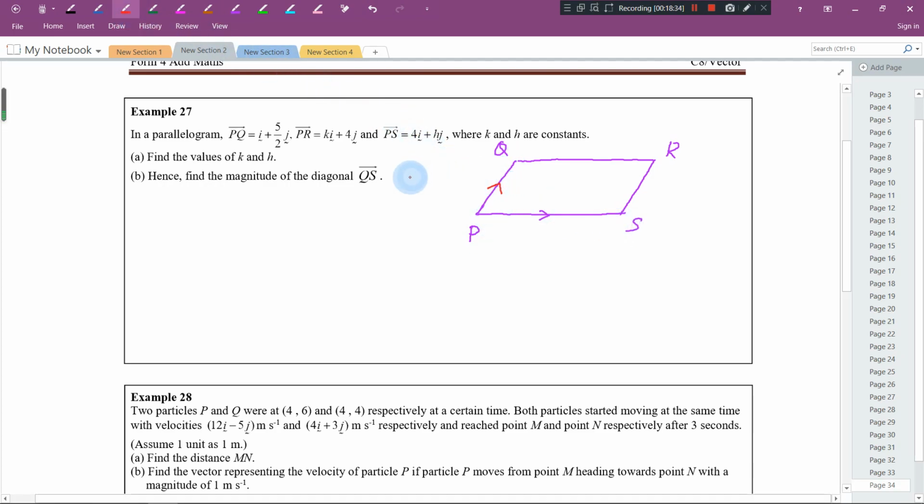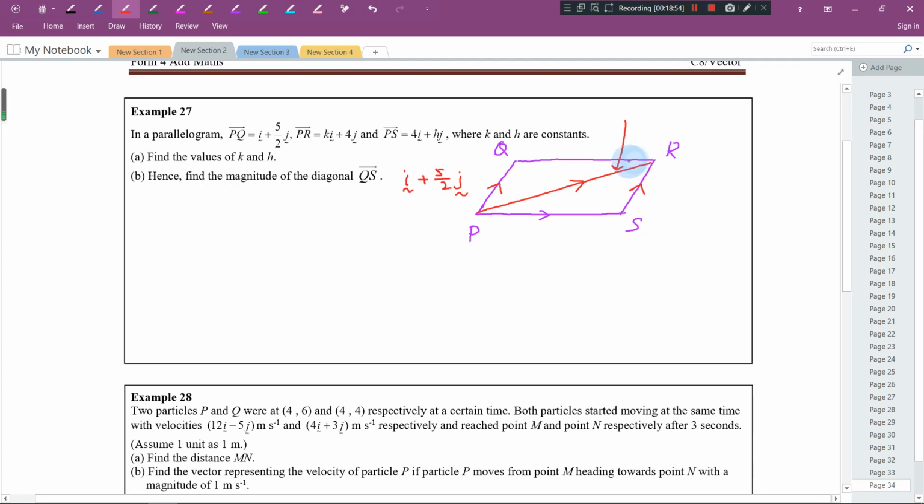Okay, so PQ is i plus 5 over 2 j. Since this is a parallelogram, the vector here will be exactly the same as this one, i plus 5 over 2 j. So PR, where's PR? PR is over here.